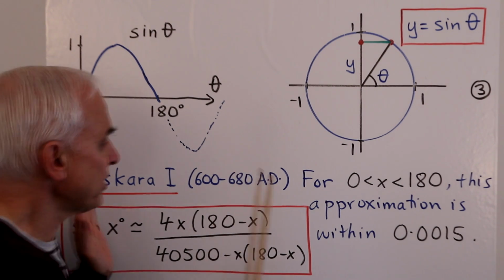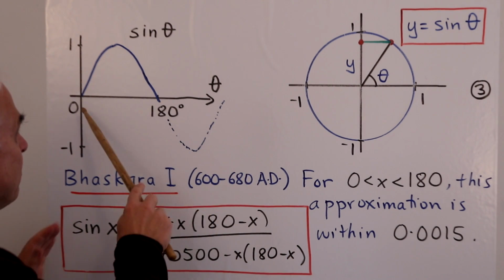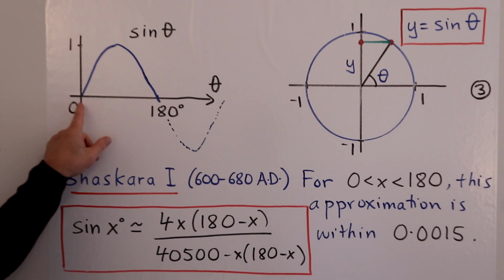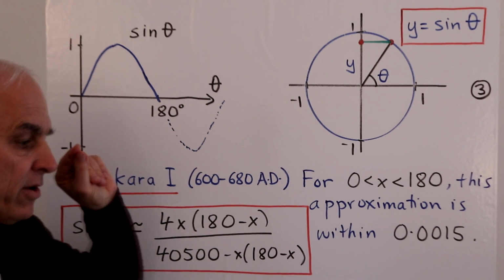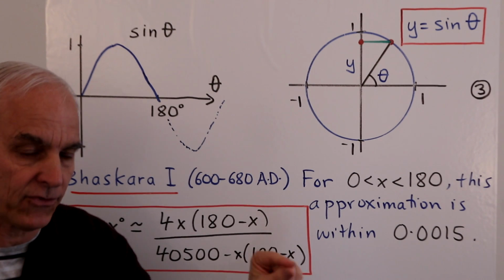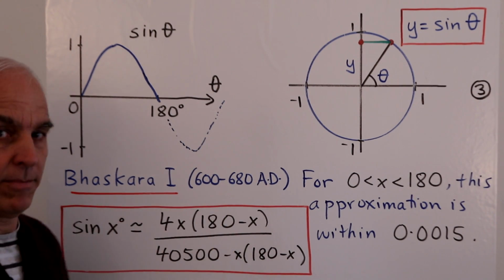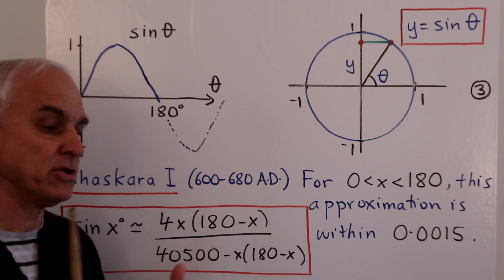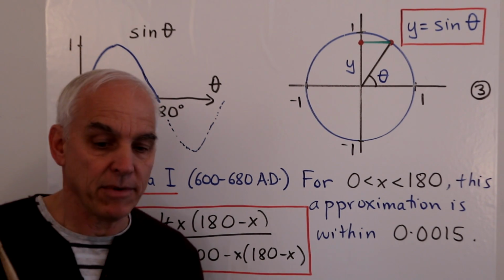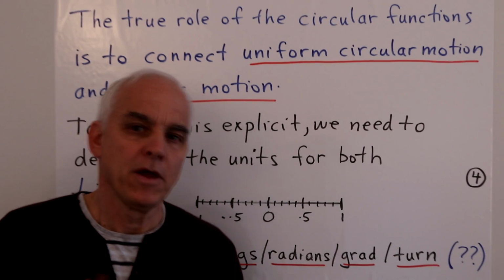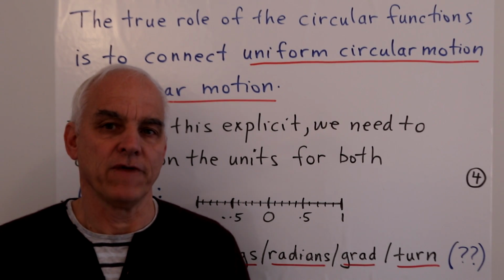Okay, so what we're seeing here is that this classical form for the sine function, which notably is expressed where you have an angle in degrees, was well understood for a long time. Okay, and it was a sort of a central object of study for a long time in the history of trigonometry. Now we can identify the true role of the circular functions.